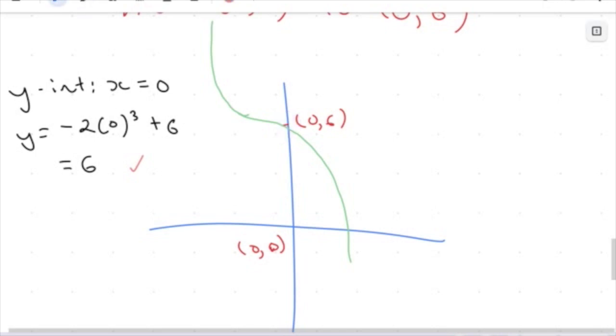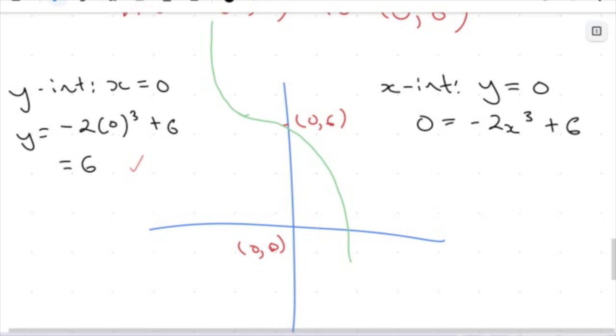Now we want to find the x-intercept. And we get the x-intercept when y equals 0. So that gives me 0 equals minus 2 x cubed plus 6. And I want to solve this cubic equation in order to find x.